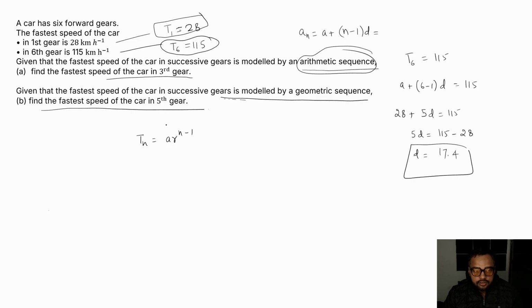So for the fifth gear, T5 equals a r raised to the power 5 minus 1, which will be 4. A we have already known that it is 28, and R we are not aware of, so we'll be writing R raised to the power 4.